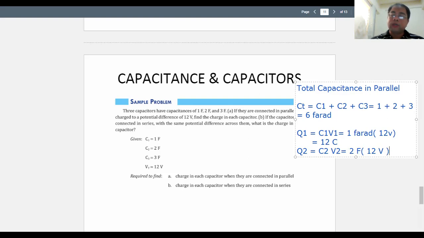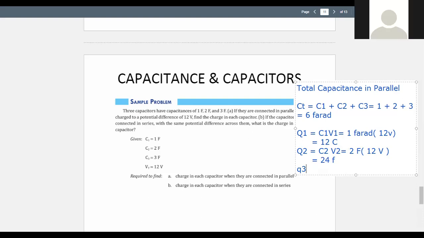So 2 times 12 gives you 24. It's not farad, sorry, it is in coulomb.